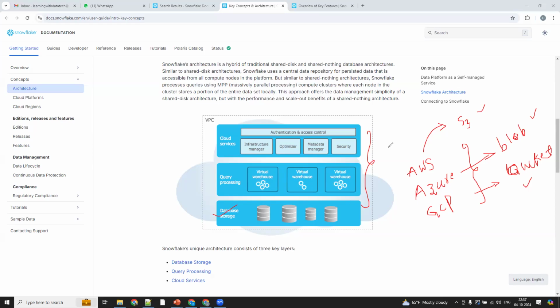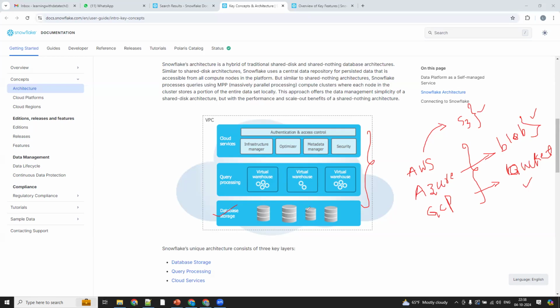If you choose AWS while creating an account, Snowflake stores the data in S3. If you choose Azure, they store your data in a blob. If you choose GCP, they store your data in a GCP bucket.